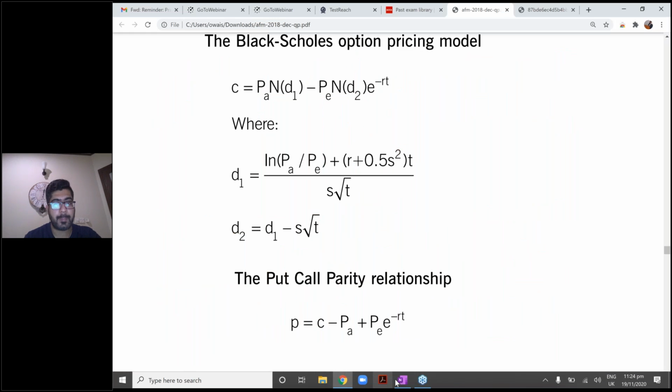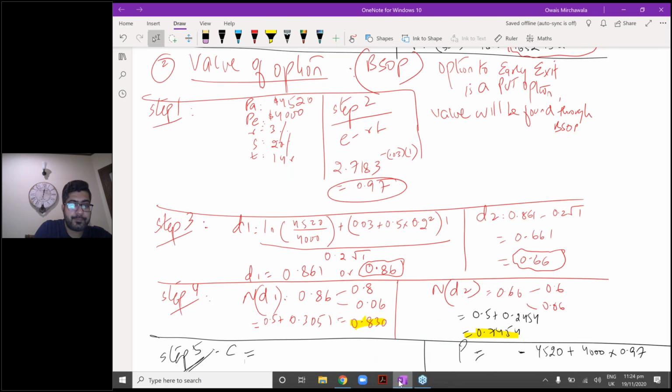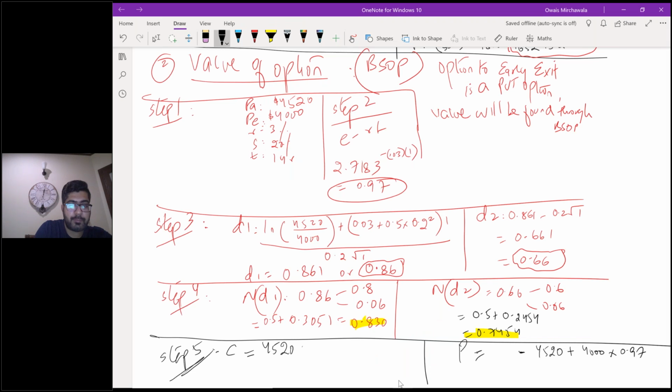Call is PA ND1, PA 4520 into ND1 0.830 minus PE 4000 into ND2 0.74 e to the power minus RT 0.97. It's 859.6.